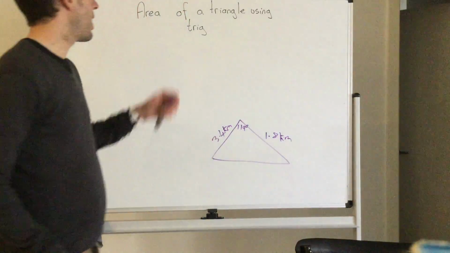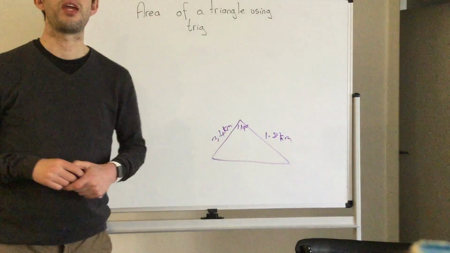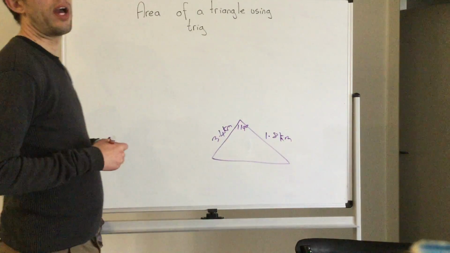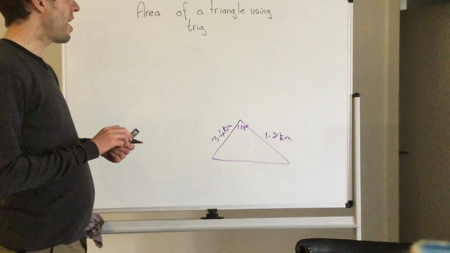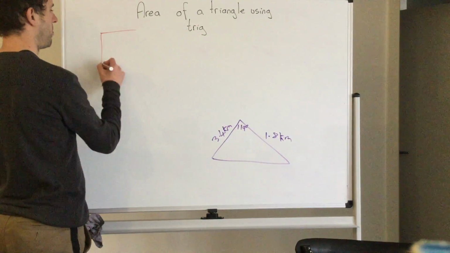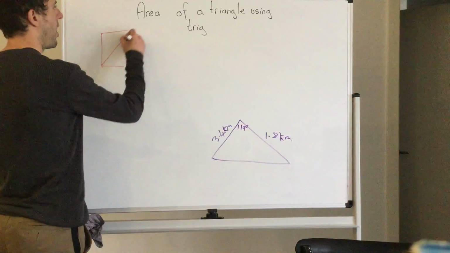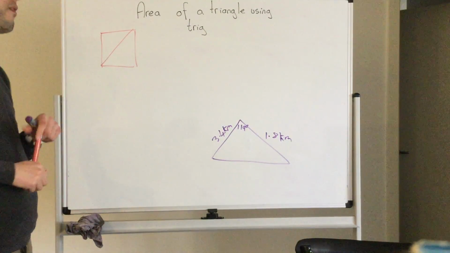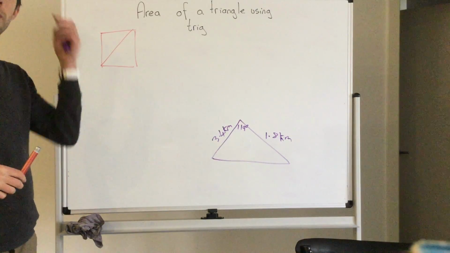So the first thing I would like you to think about is we are looking at the area of a triangle. So how do we get the area of a triangle? Well, without using trig, we know the area of a triangle is half of a square and a rectangle.